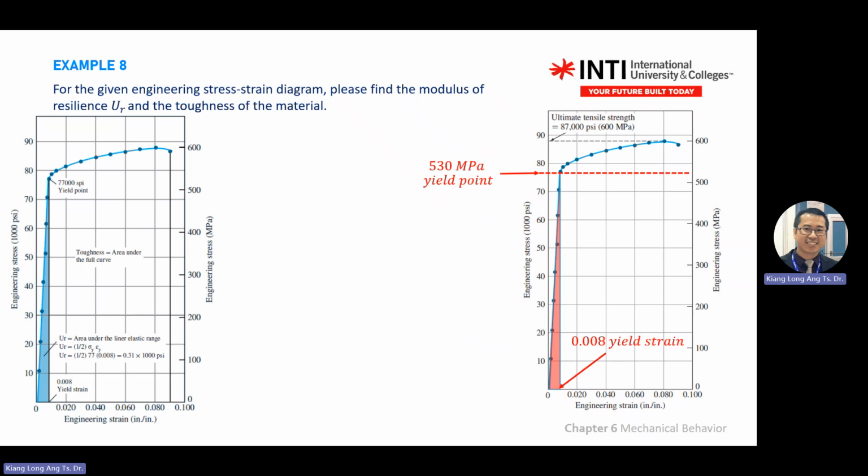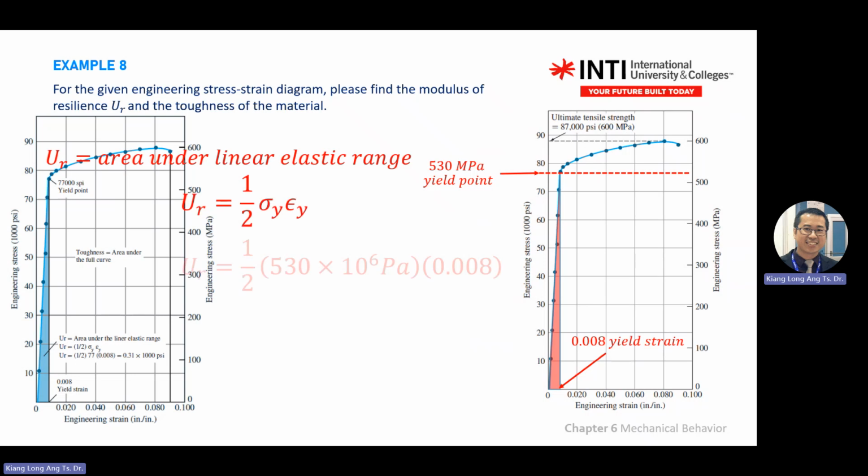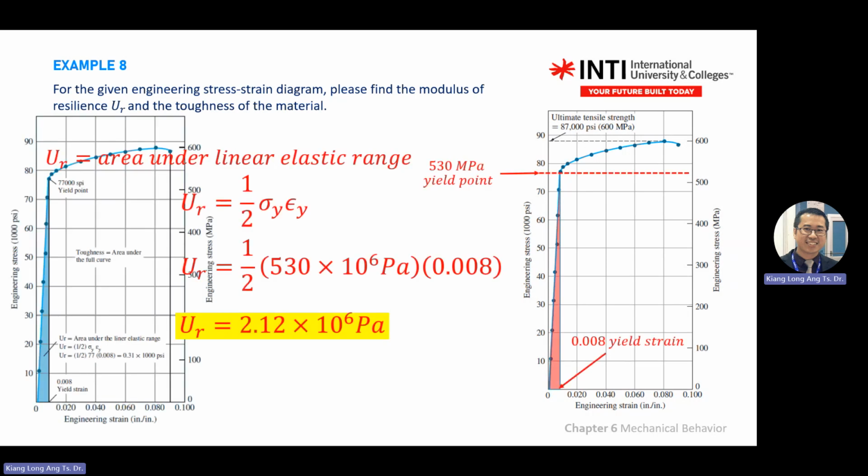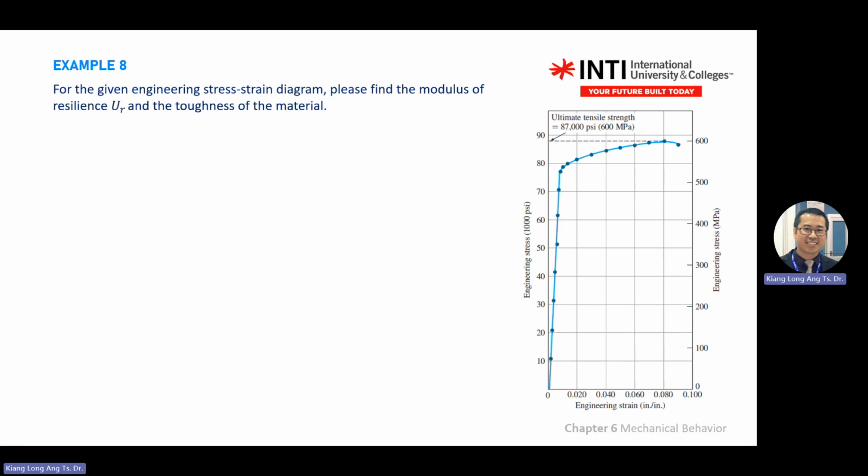So 1.12 megapascal, because this one is megapascal and this one is dimensionless. So you still get megapascal at the end. Or you just put in the index form, 10 power 6 Pascal. Okay.